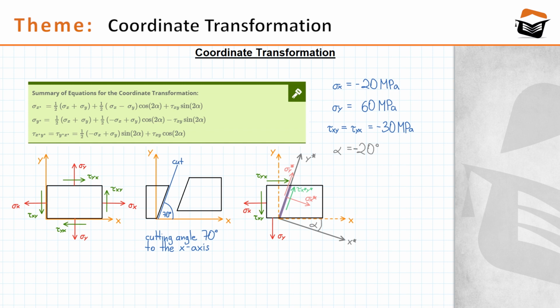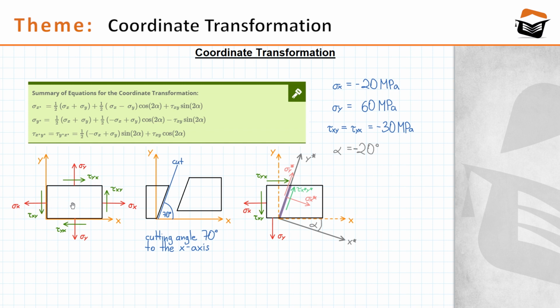So for sigma x, the normal stress in x direction, the actual stress would act in the opposing direction. That means to the left. And that would leave us with compressive stress, because we would have a stress to the left on this side and then a stress acting to the right on the left side.